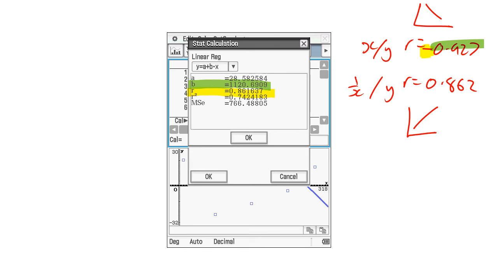We just need to look at the 0.927 and the 0.862, which is better, or which one is closest to 1, or closest to -1. And we can definitely see that although we've done a transform, this guy is still winning, so x versus y rather than reciprocal x versus y. So that's not a good transform. Abandon transform, move on to another transform.